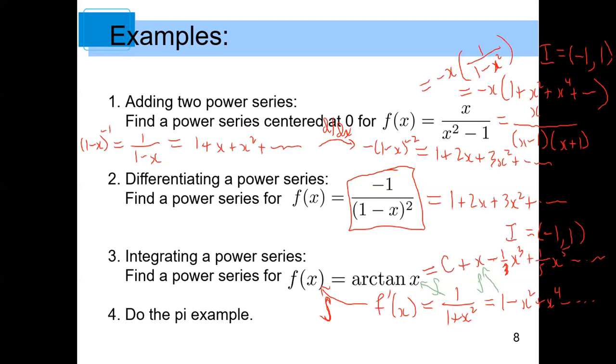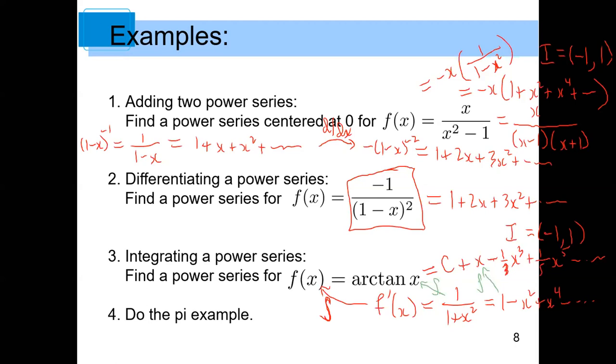Now, what is the interval of convergence for this thing? Oh, by the way, what about C? What's the arctangent of 0? Arctangent of 0 means the angle whose tangent is 0. What angle is such that tangent of it is equal to 0? 0.